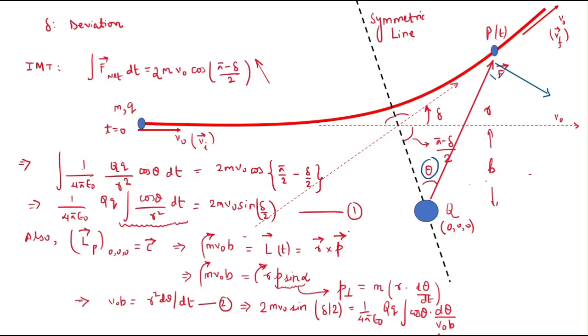Now we just have to put the limits of theta. Therefore cot of delta by 2 comes out to be m v naught square upon 1 upon 4 pi epsilon naught q divided by b.